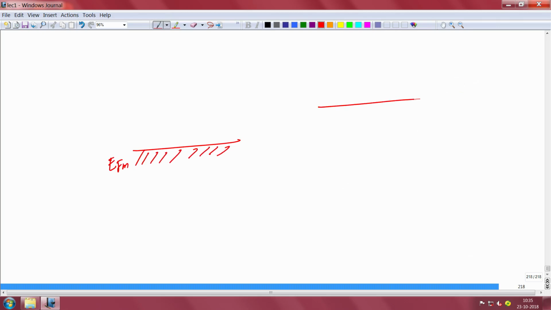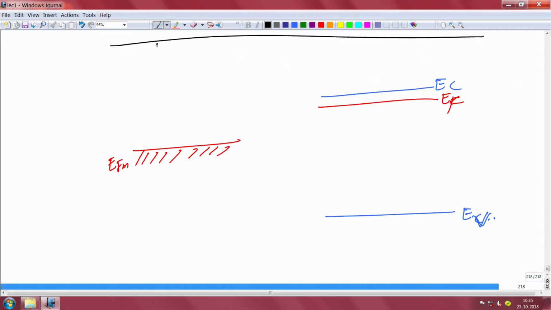This is your semiconductor Fermi level. And then you have the conduction band and the valence band. Now, if you recall, I told you there is a vacuum level here, and this is the metal work function. The vacuum level is the same. This is the semiconductor work function, and of course, this is your electron affinity.